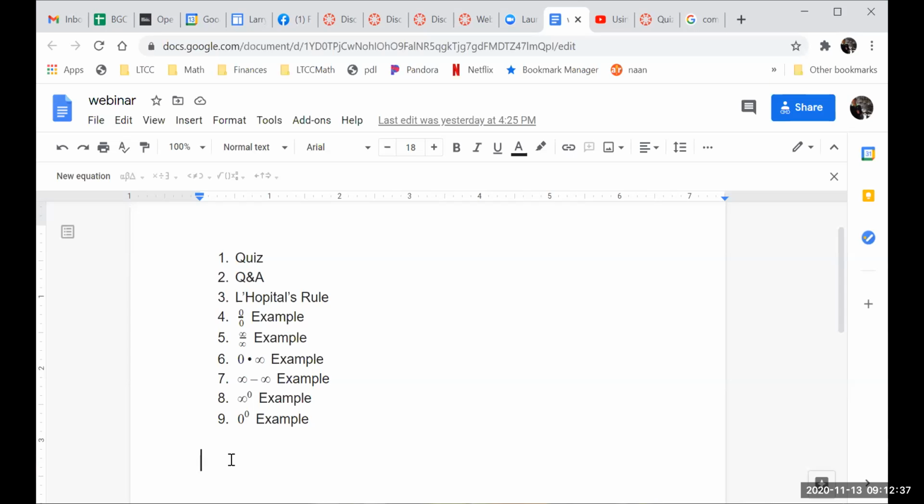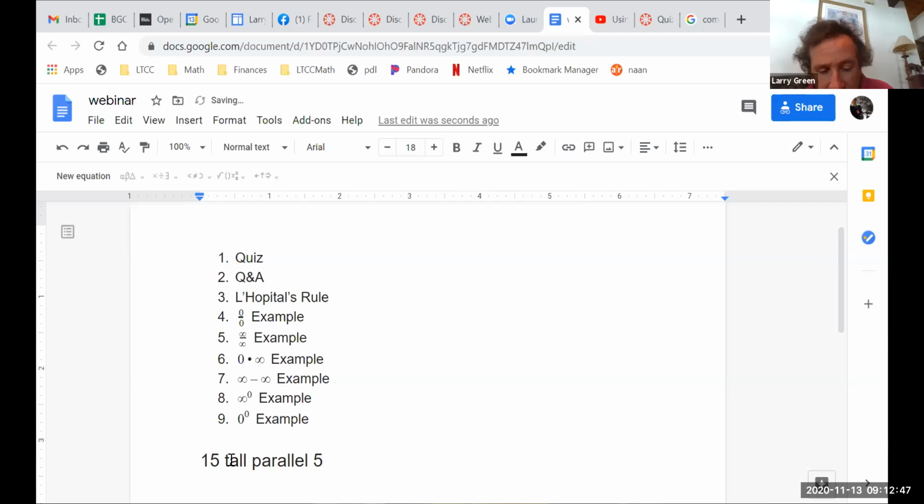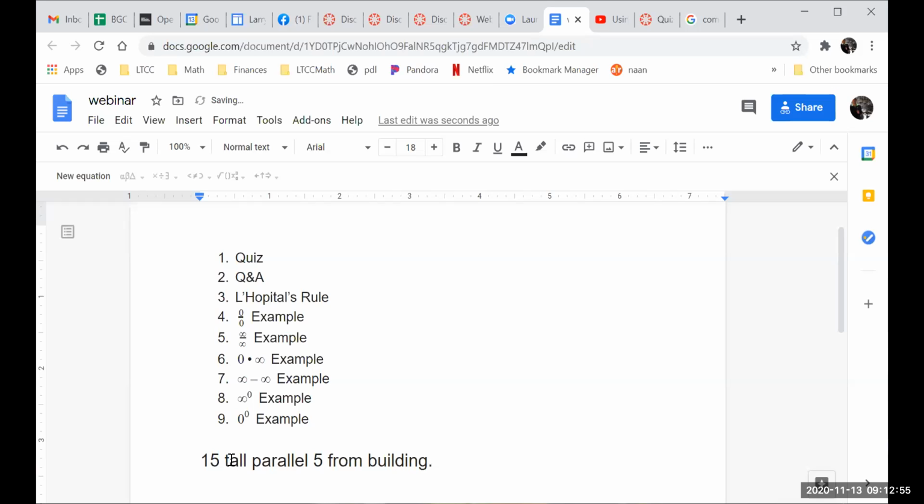A fence 15 feet tall runs parallel to a tall building at a distance of 5 feet from the building, as shown in the diagram. And then 5. And then it's asking, we wish to find the length of the shortest ladder that will reach from the ground over the fence to the wall of the building.